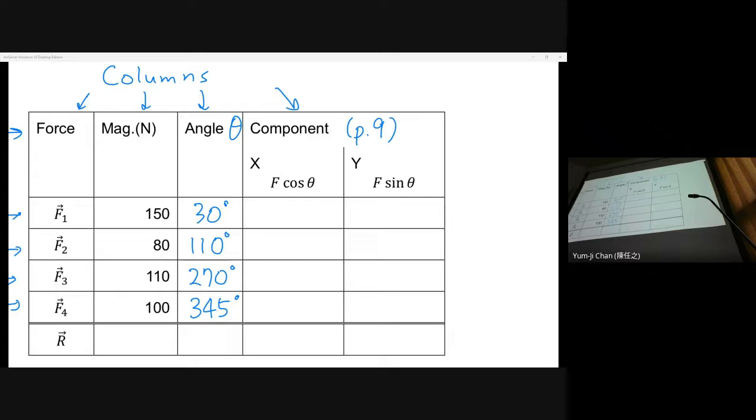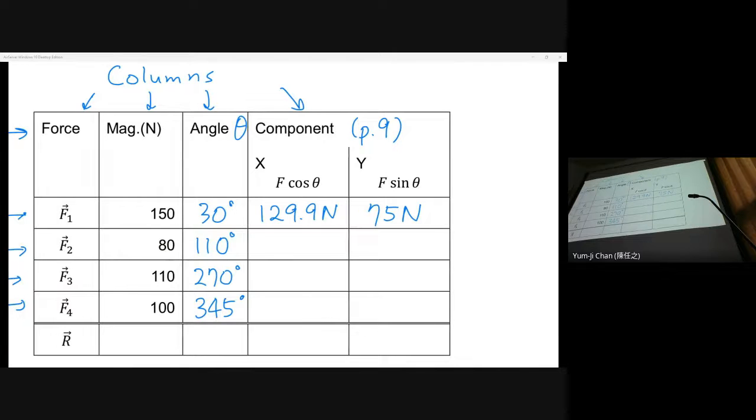I'll do an example. For F1, F cosine theta should be 129.9 Newton, and F sine theta is 75 Newton. Is that okay?